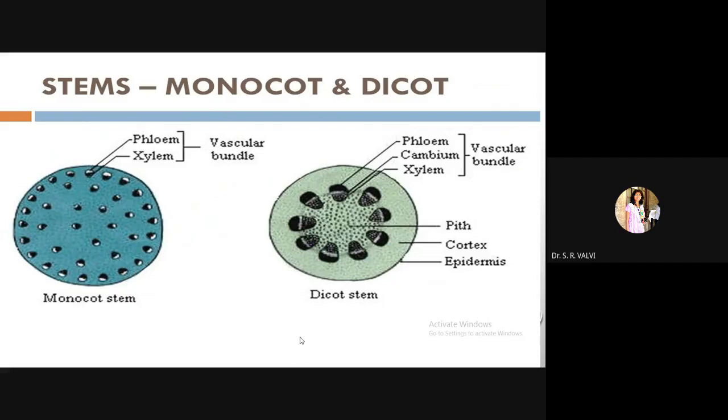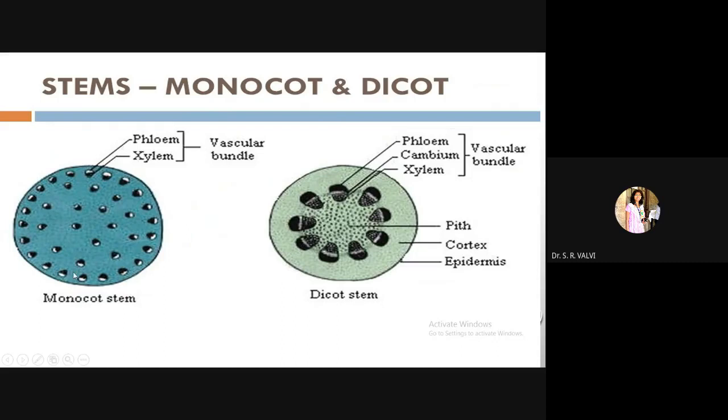Now see, students, see my cursor towards your right hand side. If the vascular bundles are present in a ring, this section belongs to a dicot stem.